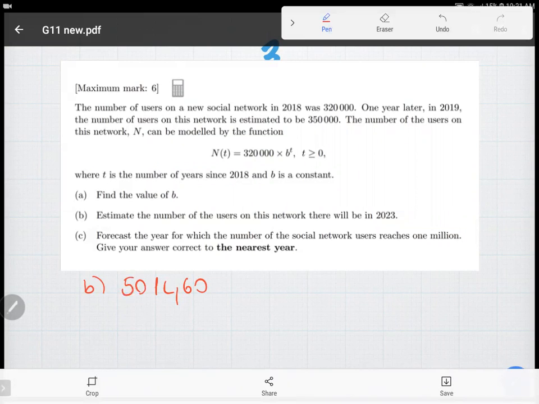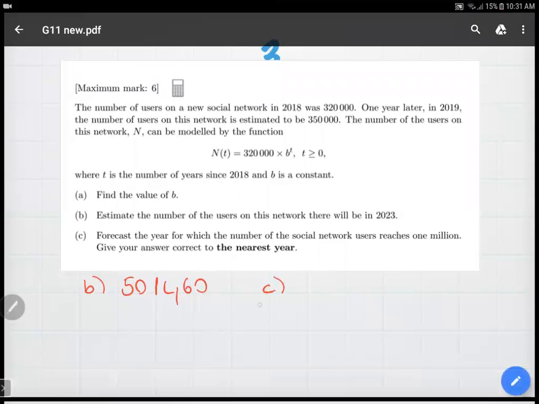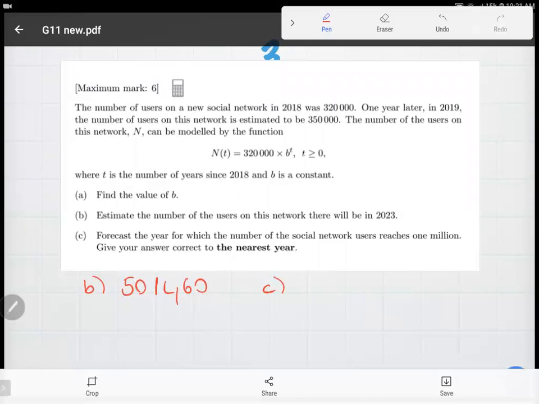And then the last part of the question, part C. Okay, in part C, the question asks, when this number reaches 1 million, how many years will pass? Okay, so let's start to write the equation.